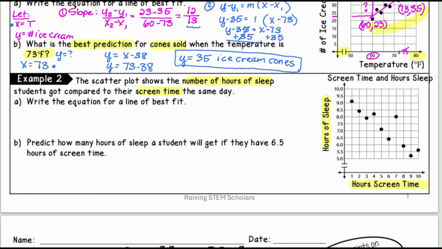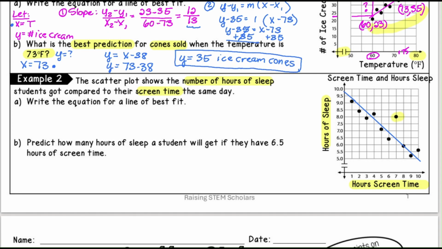So it says, write the equation for the line of best fit. So I'm going to go in and make my line as best as I can. And I do have an outlier up here. I'm going to just draw the best I can. Not the best. It's kind of terrible, but it's the best I got. Okay, so notice that we do have this interesting outlier here.